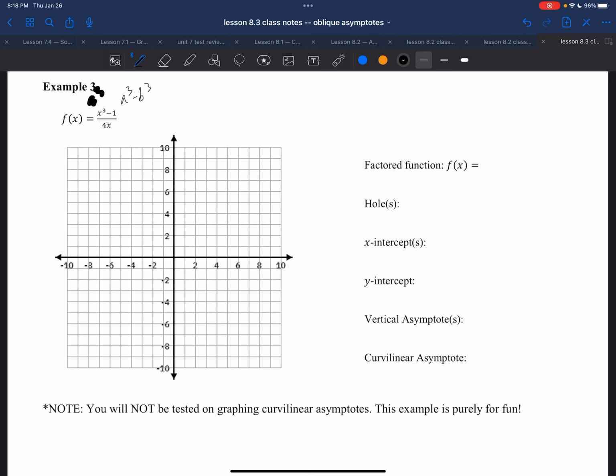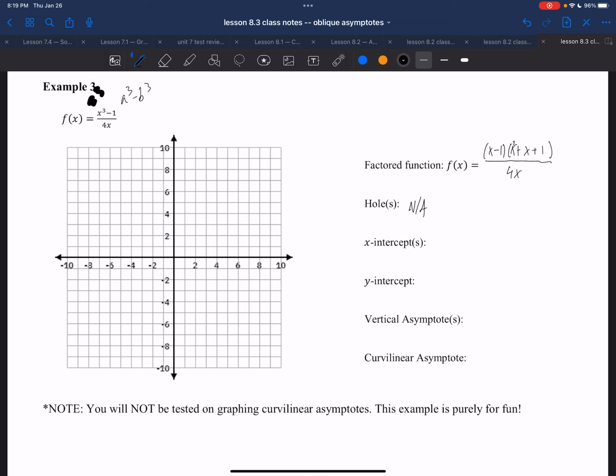So that is going to factor as x minus 1 times x squared plus 1x plus 1, over 4x. Yeah, that's just 4x. I was like, how do I factor that? Dummy. It's good. Okay, holes. Well, thank goodness I don't think I see any of those. So none.